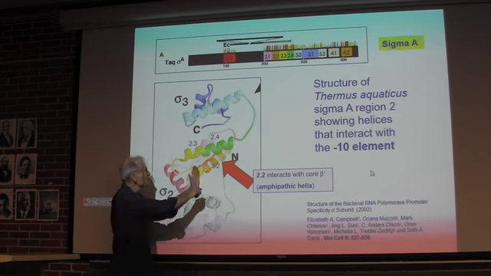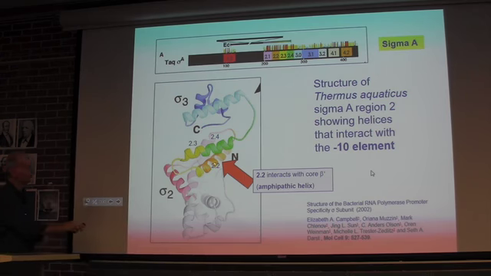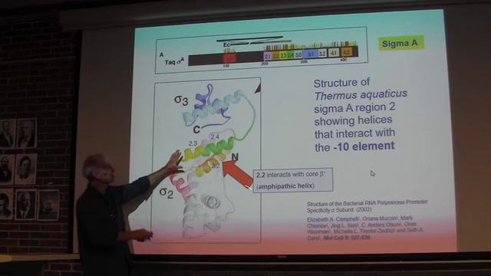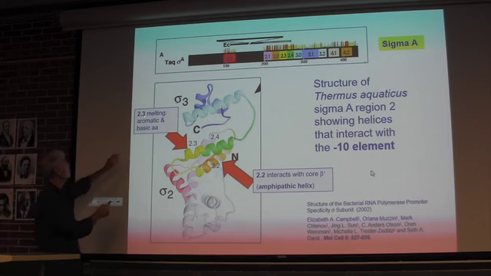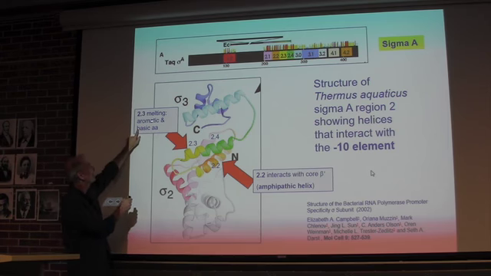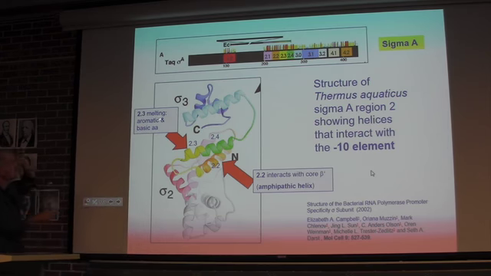And then this helix here, 2.2, recognizes the core. Region 2 is in general the most conserved portion of sigma. 2.3 is melting; it has aromatic tryptophans that melt in between the strands.